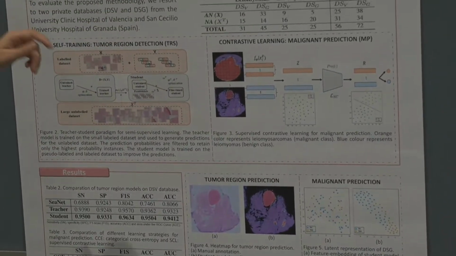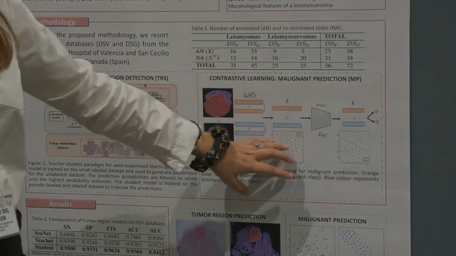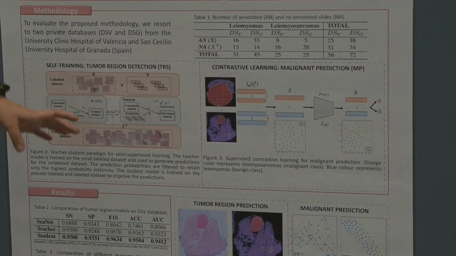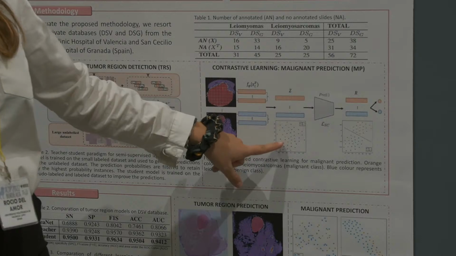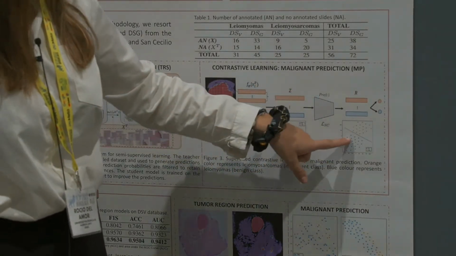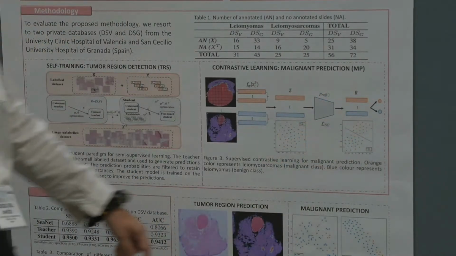After, we use the features of the tiles to obtain a latent space of each biopsy. And the idea now is to use contrastive learning to separate the latent space. After using the proposed loss function, we obtain a latent space that separates the benign and malignant lesions.